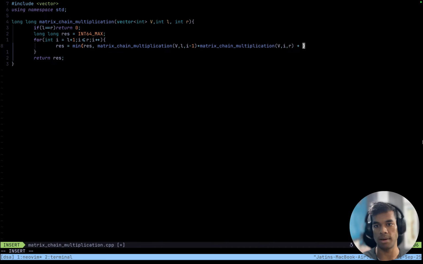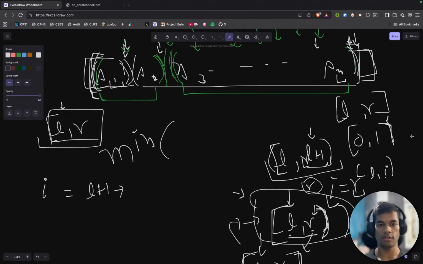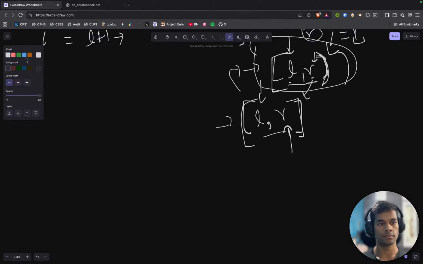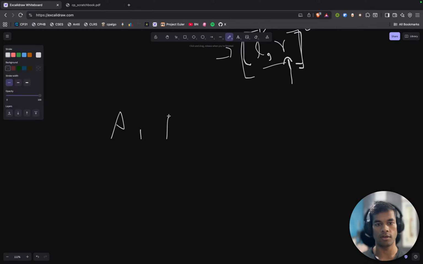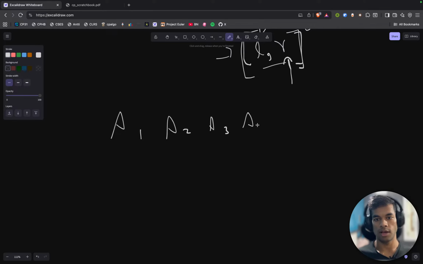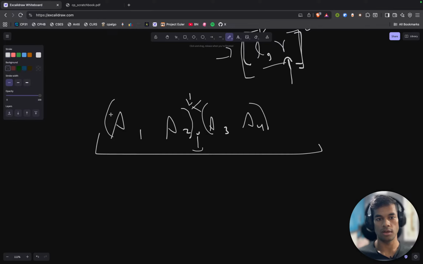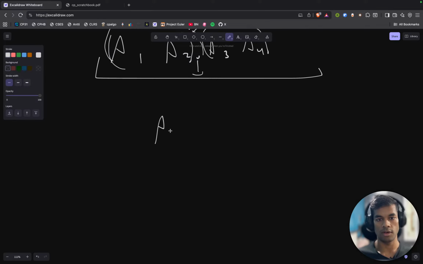And this thing plus, when we get two matrices, let's say for our original matrix sequence, let's say we have a matrix sequence like this, and right now our I is at this location. So we multiplied these two matrices and we multiplied these two matrices. Now the total product is going to be the product of these two new matrices. Let's call this A12 and A34.